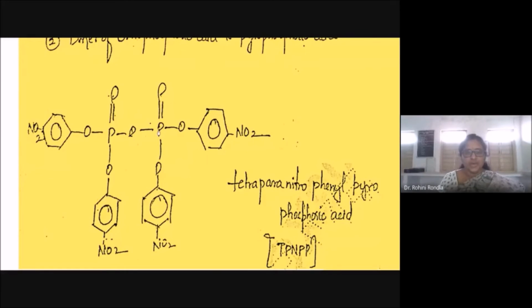Simple phosphoric acid formula is H3PO4 only, but this is a dimer. So if you add this dimer in presence of acid, it will break and you will get only para-nitro substituted phosphoric acid. The complete name is tetra para-nitrophenyl pyrophosphoric acid. There are 4 para-nitro groups, so tetra para-nitrophenyl pyrophosphoric acid. It is a dimer. You can use this one also.